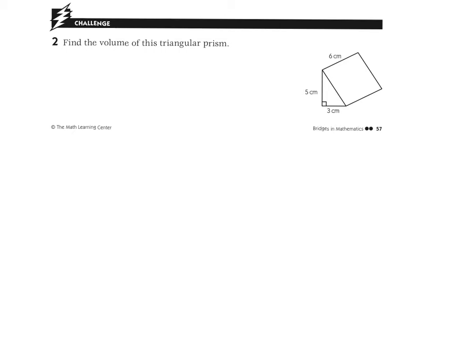So first thing I want to talk about is thinking back to what we know about the relationship of a triangle to a rectangle. When we would find the area of a triangle, we would take the length and multiply it times the height, just like we would in a rectangle.